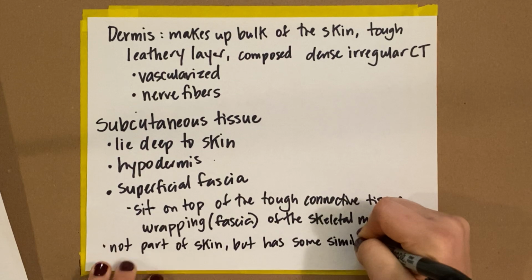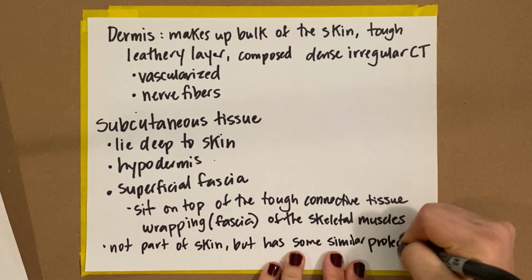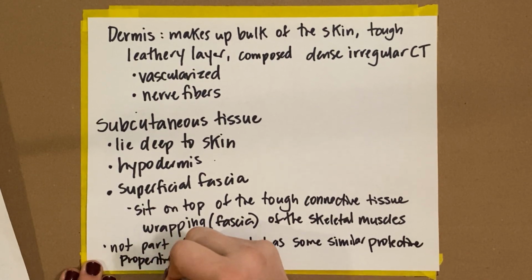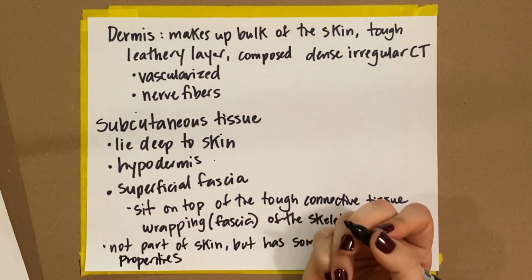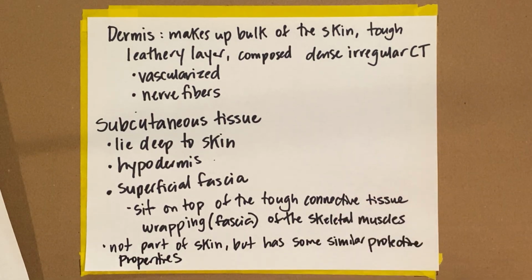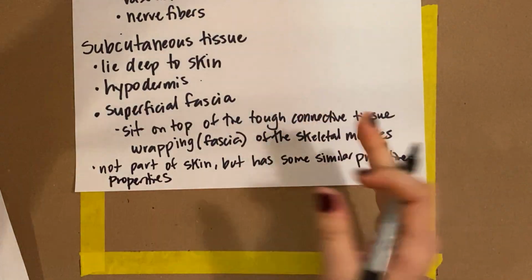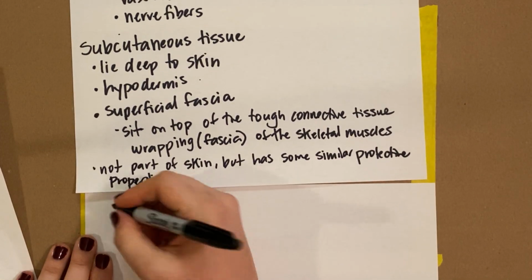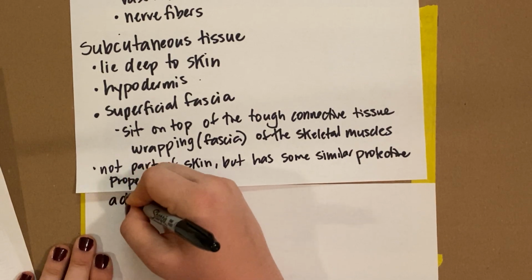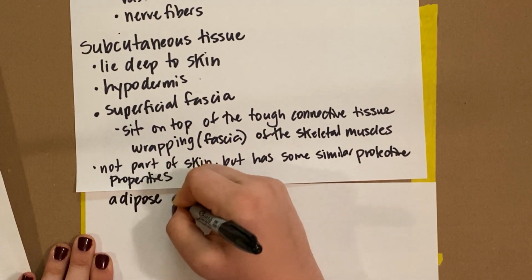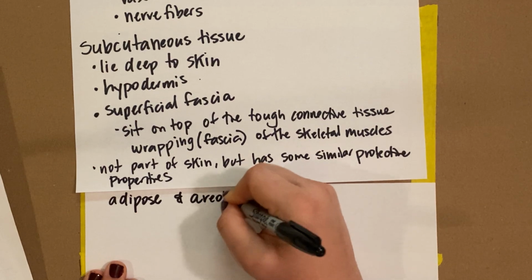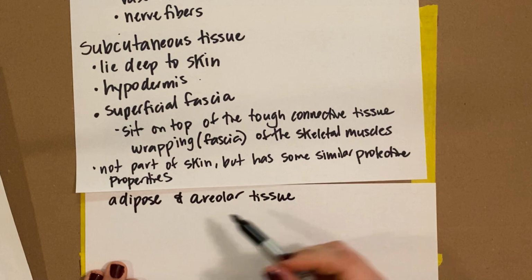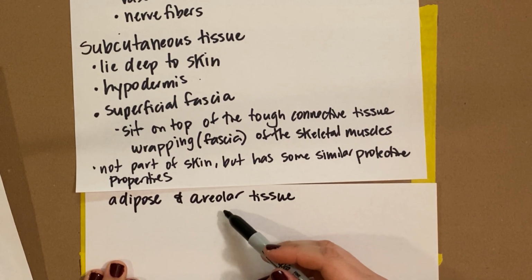Okay, and it's mainly going to be made up of adipose tissue and areolar tissue. Okay, so again, this is subcutaneous, adipose, and areolar tissue.